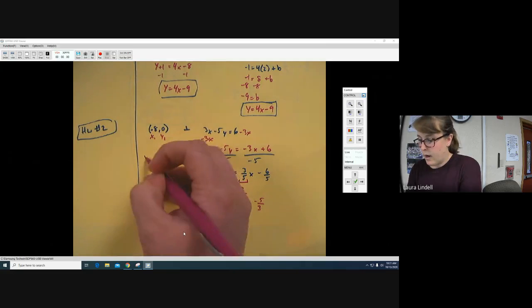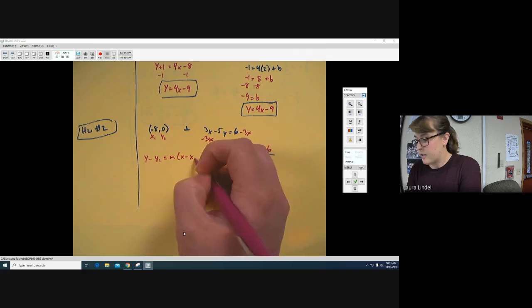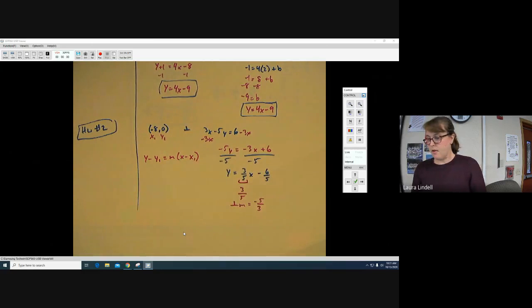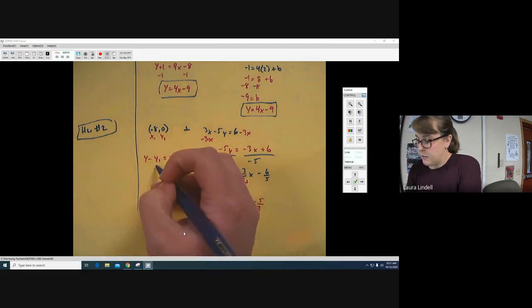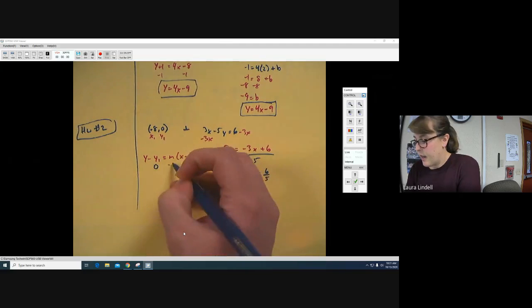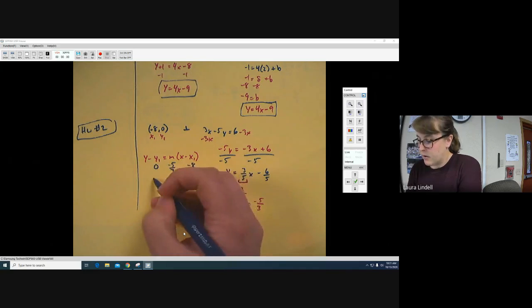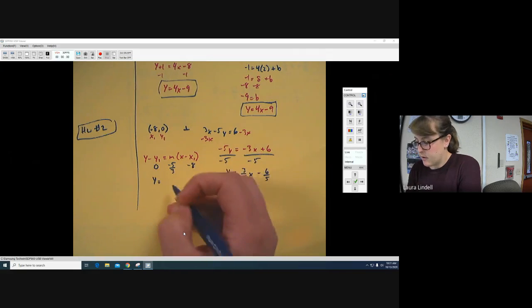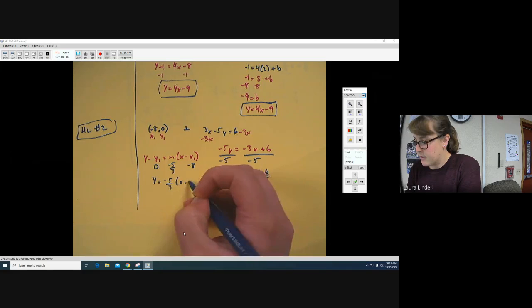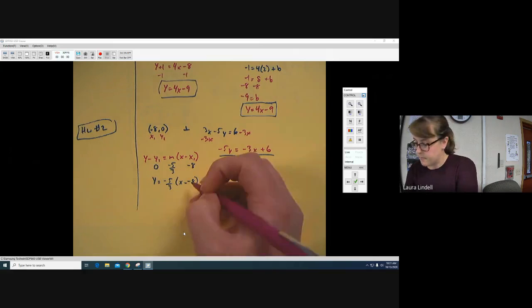So when we do y minus y1 equals m times x minus x1, we plug in 0 for y1, -8 for x1, and -5/3 for m. So y minus 0 is just y. Then -5/3 times x minus -8, which is really like adding positive 8.